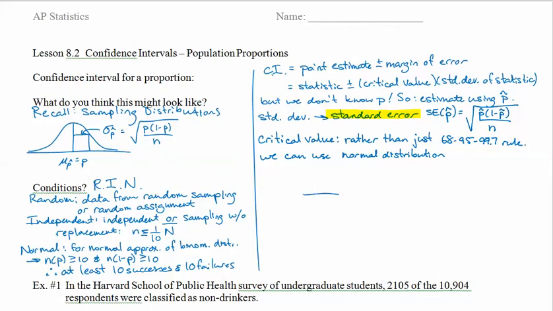So in our normal distribution, if we have the mean of 0, we are looking at the area for, let's say, 95%, the area between the positive and negative z's.